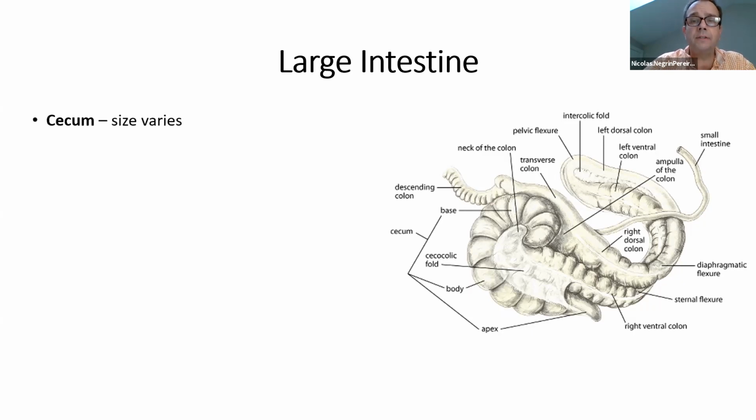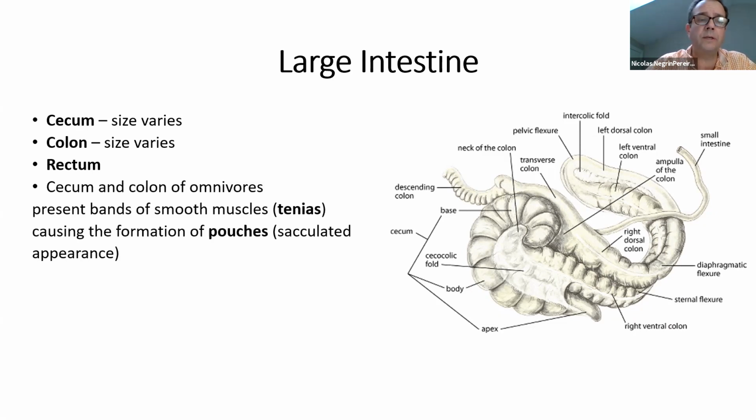Then we have the large intestine. We have the cecum, whose size will vary a lot with species, and we will see that. The colon, the same situation: size will change a lot in relation to the animal species considered. And finally, the rectum is responsible for excreting all the solid feces to the outside.